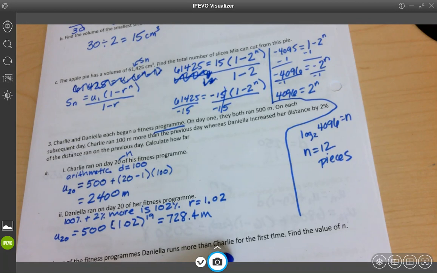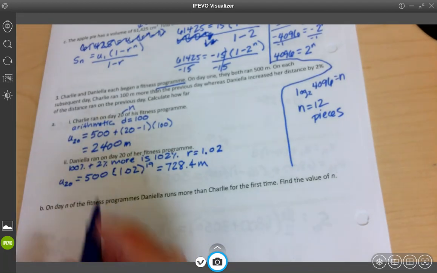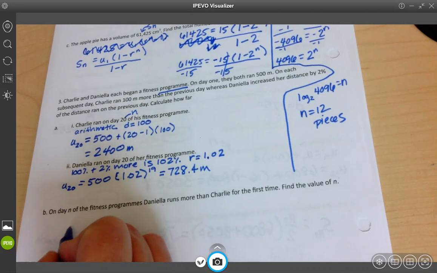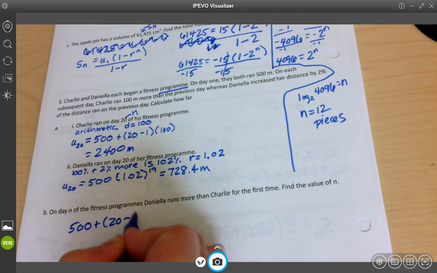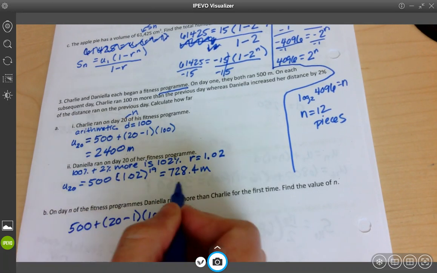Okay, so we can find the point where they're the same, and it's going to be a decimal. So the day after that will be when Daniela runs more than Charlie for the first time. So we want to know when Charlie's distance is going to be the same as this one.